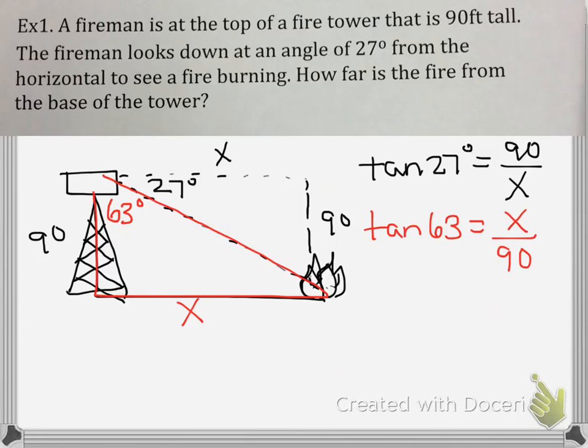Some people prefer to set it up this way because it's easier to solve for x. No matter which method you choose, you're still going to get that the fire is 176.64 feet away from the tower.